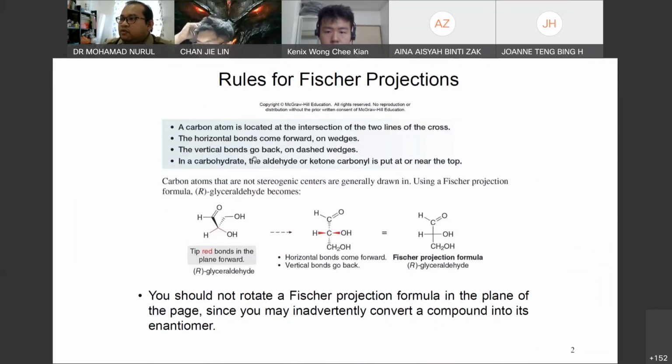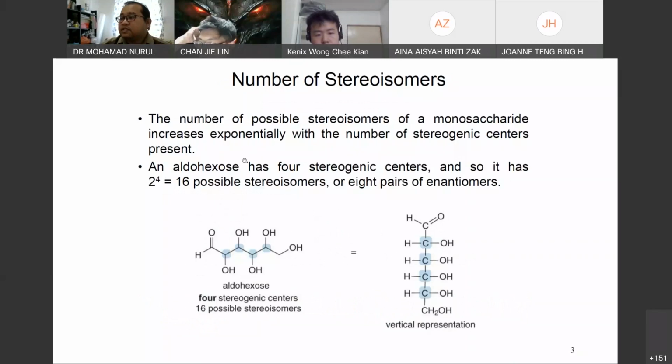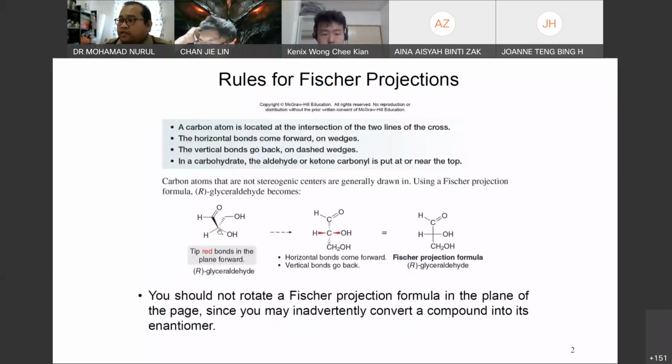The vertical bonds go back on dashes. And in carbohydrates, the aldehyde or ketone carbonyl is put near the top. Also in this case, we have this kind of aldehyde. So for the red color, we are doing it at the wedges.